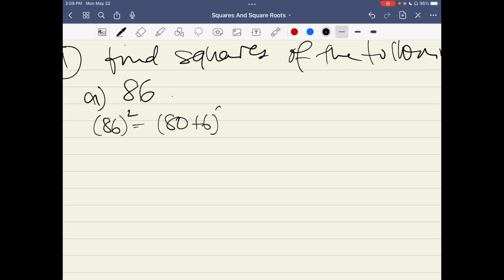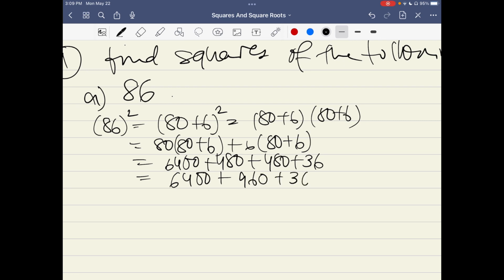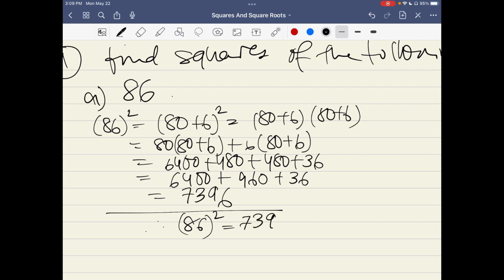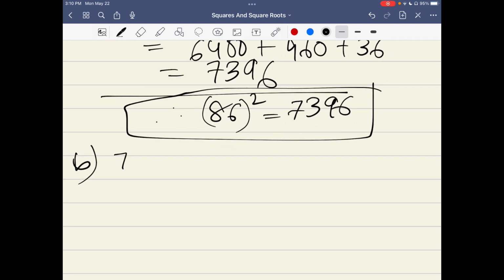Therefore, 86 squared will be (80 plus 6) whole squared, which is 80 plus 6 times 80 plus 6, which is 80 times 80 plus 6 times 80 plus 6, which is what? 6,400 plus 480 plus 480 plus 36, which is what? 6,400 plus 960 plus 36, which is 7,396. Therefore, 86 squared is 7,396.